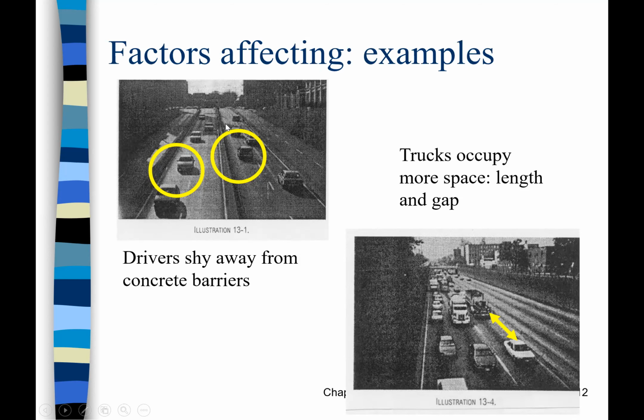They tend to drive slower and away from these objects compared to pavement markings or compared to wider lateral clearance. On the right graphic here, you can see the space between one vehicle and the other. The other is a truck. This is a truck.